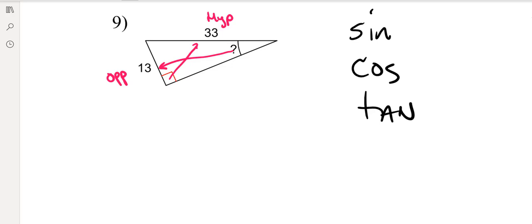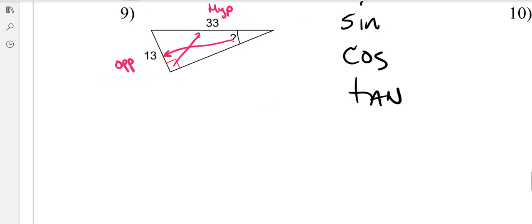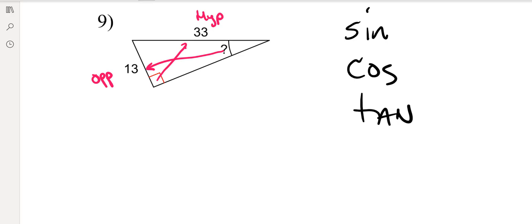Now, I'm trying to find the angle, and I know that the sine of this angle, we're just going to keep it as question mark. Sometimes it'll be a theta. So the sine of this angle is going to be this ratio of 13 over 33.